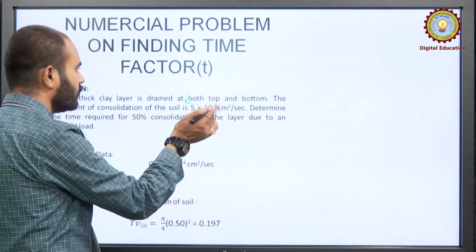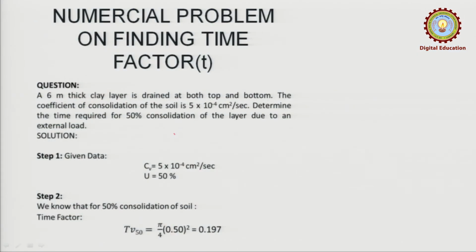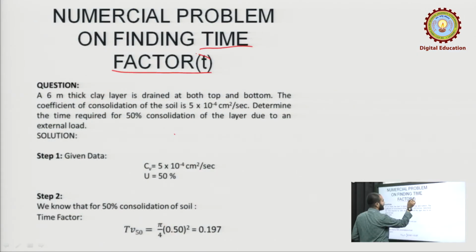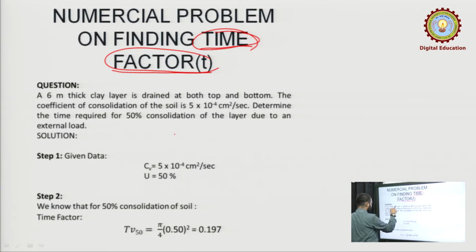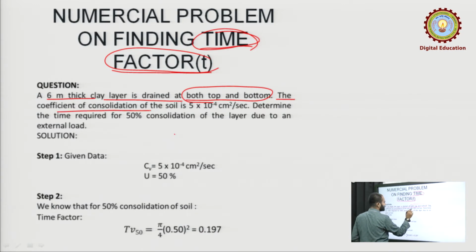Now we have used a question to find out settlement. Now let us find out the time or time factor. In this part, first of all read the question carefully. A 6 meter thick clay layer is drained at top and bottom, means double drainage. The coefficient of consolidation, CV, is also given to us.